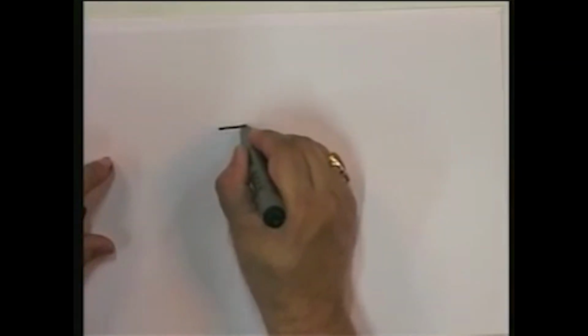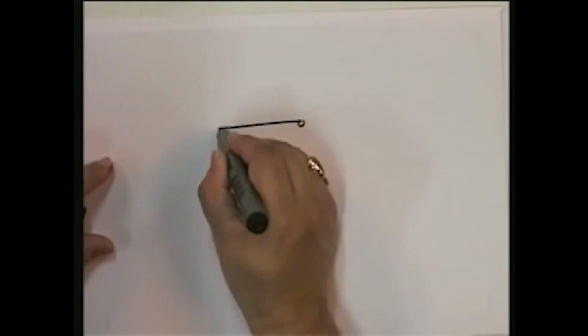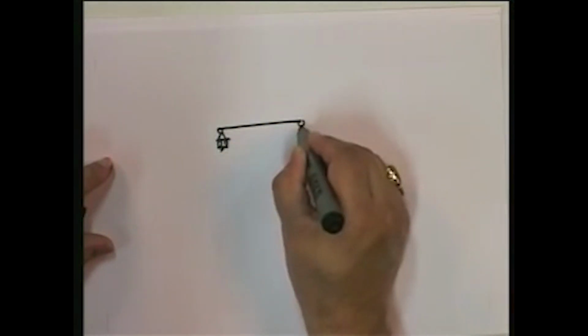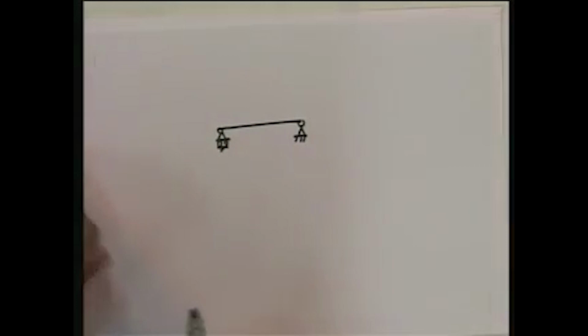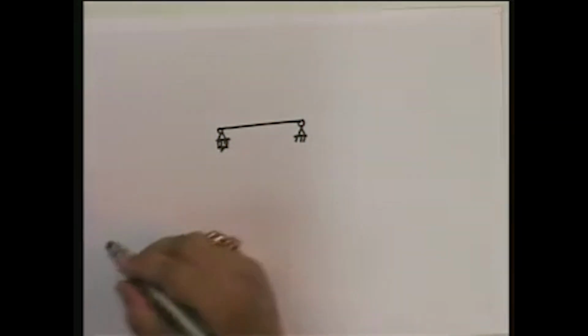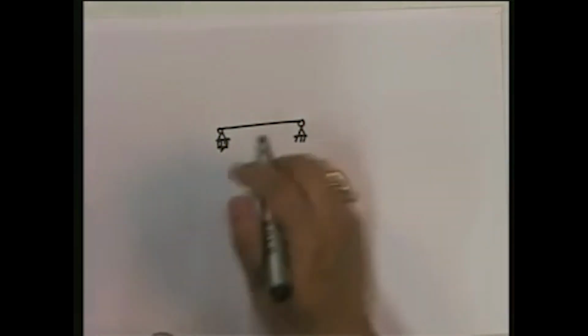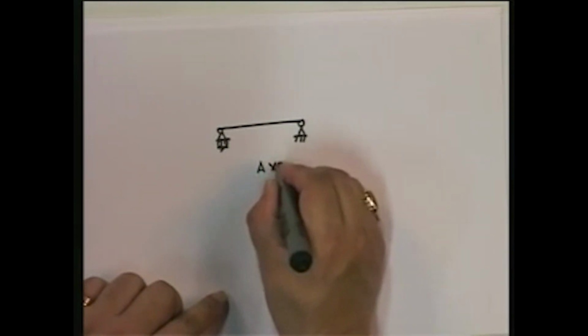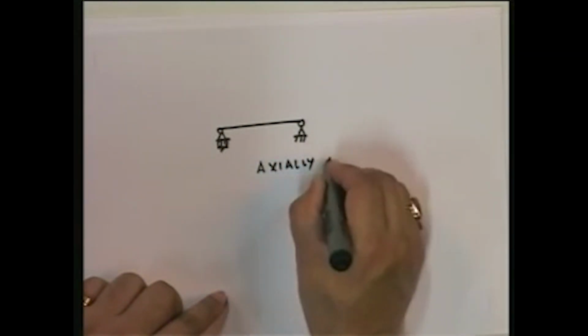Let me go back to my simply supported beam. I neglect the axial deformation of this member. So therefore, what am I saying? It is axially rigid.